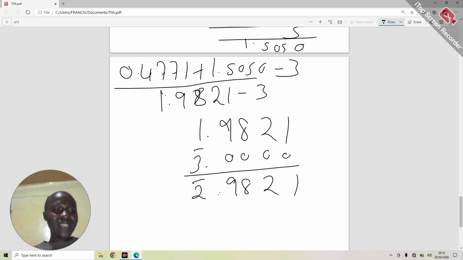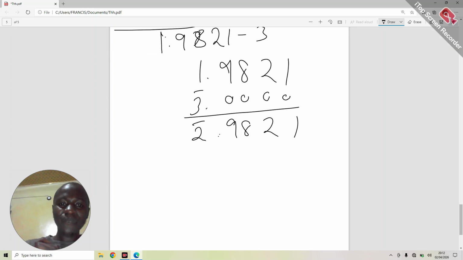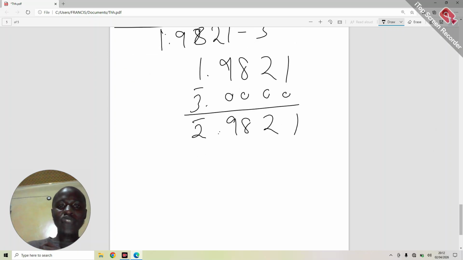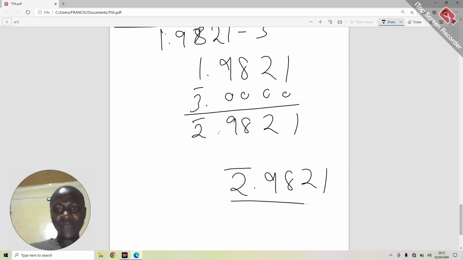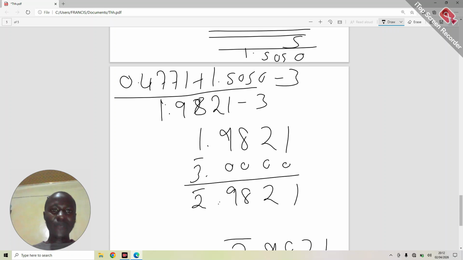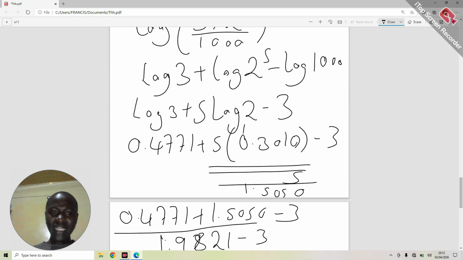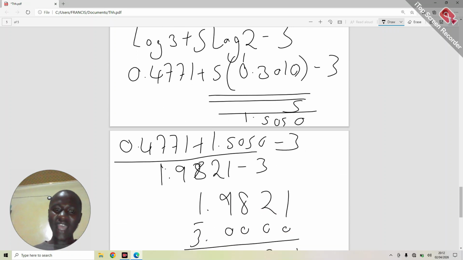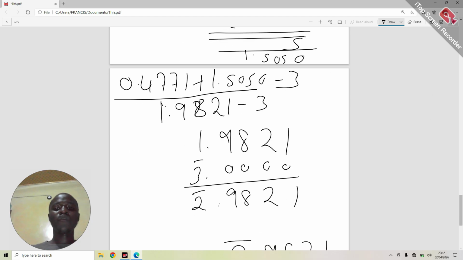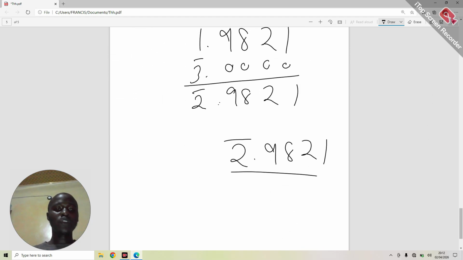But the fact that these are not numbers and rather they're logs, it is referred to as bar 2.9821. So our answer will be bar 2.9821. I want to tell you, if you press this on a calculator, you will get a different answer from what I've noted down here.